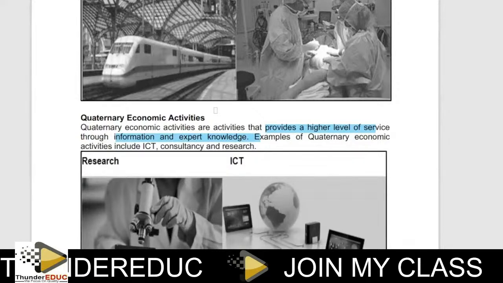People think of something new, something that is improved. So that one is going to fall under the quaternary sector. Under those activities, what do we see? We have ICT, we have consultancy, we have research.